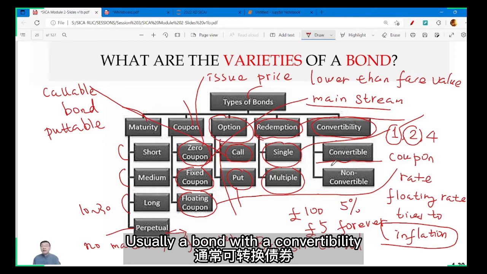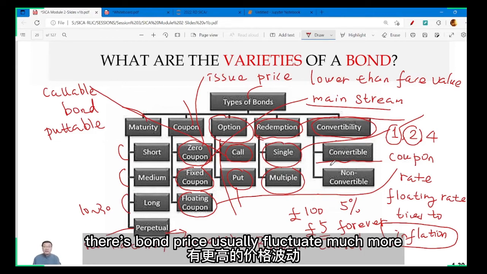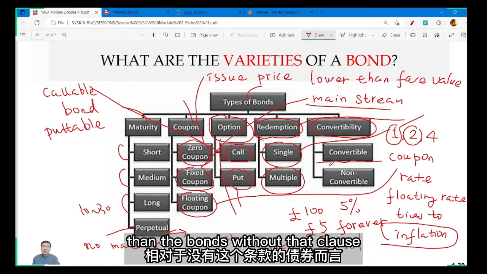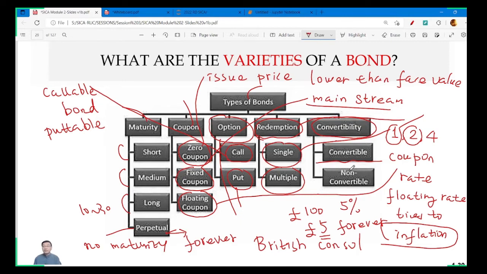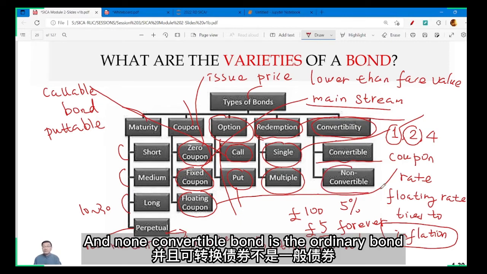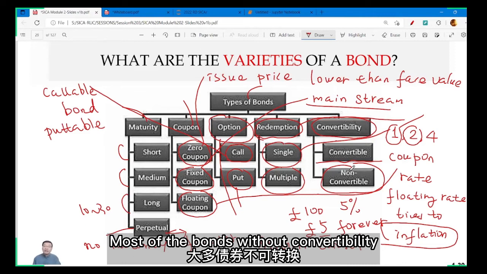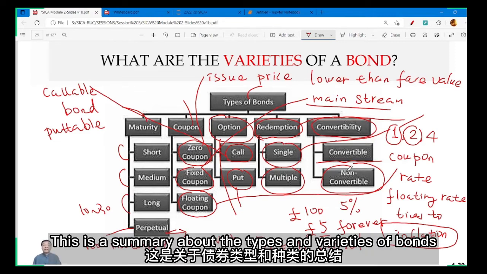Usually, the price of a bond with convertibility fluctuates much more than that of bonds without that clause. Non-convertible bonds are the ordinary bonds, and most bonds are without convertibility. This is a summary about the types and varieties of bonds.